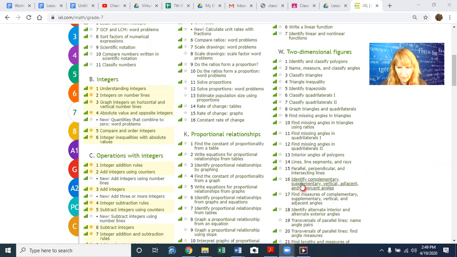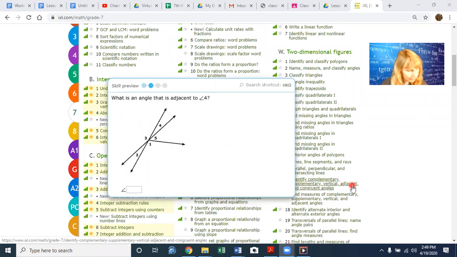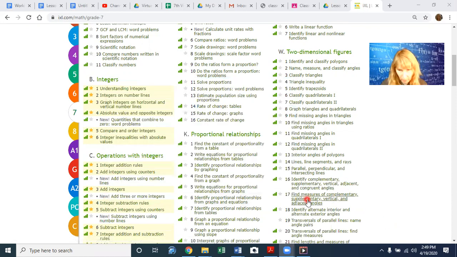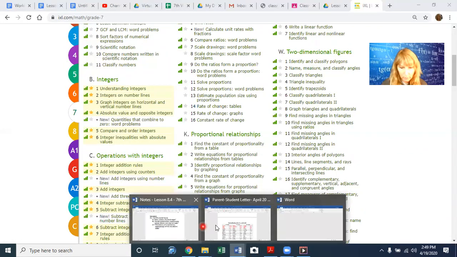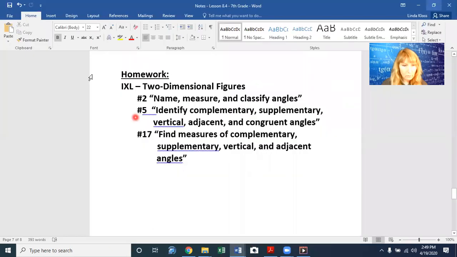Sorry, 16. Identify complementary, supplementary, vertical, adjacent, and congruent angles. So I'll change that. And then number 17, find the measures of complementary, supplementary, vertical, and adjacent angles. So let me go back to that, and this should be number 16. Oop, that's not what I want. So it's not number 5, it's number 16.